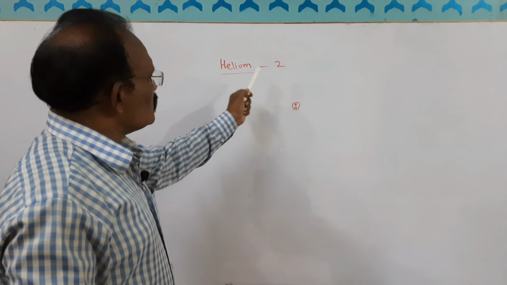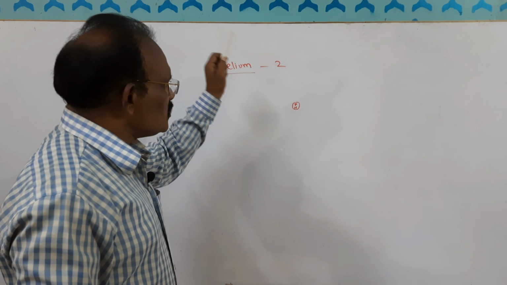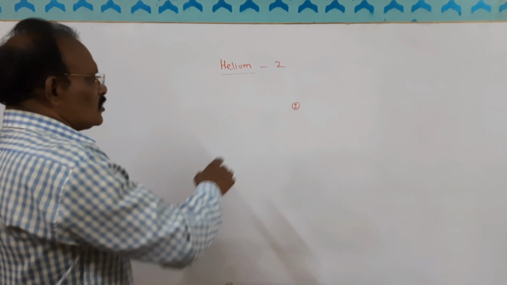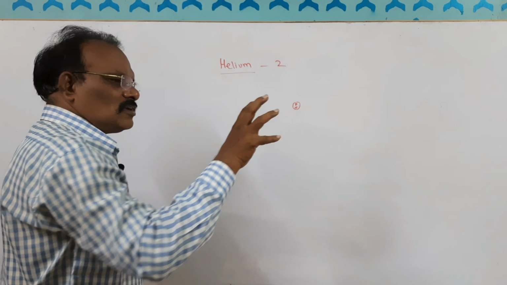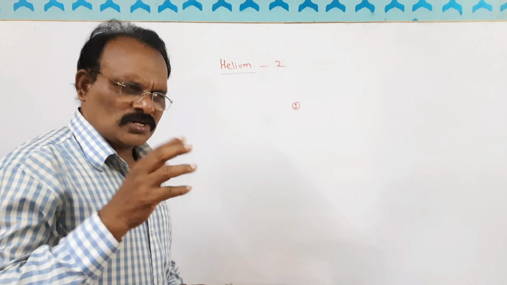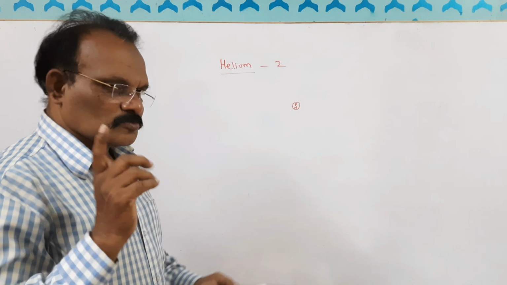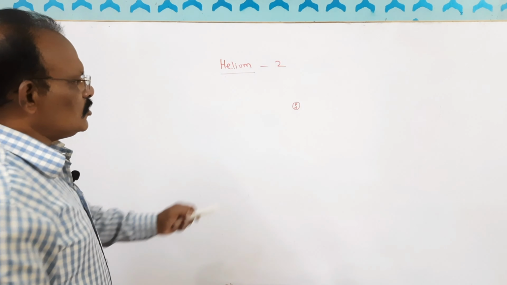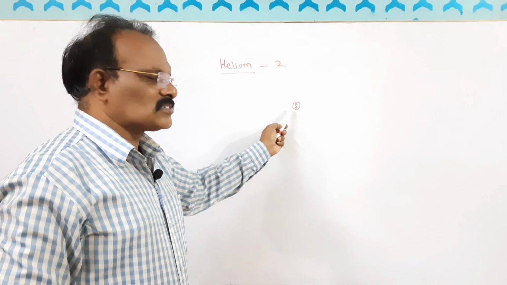Similarly, the atomic number of any element is the number of protons present in the nucleus. An atom has three subparticles: electron, proton and neutron. Neutron has no charge, proton has positive charge. This helium atom contains 2 protons in the center.